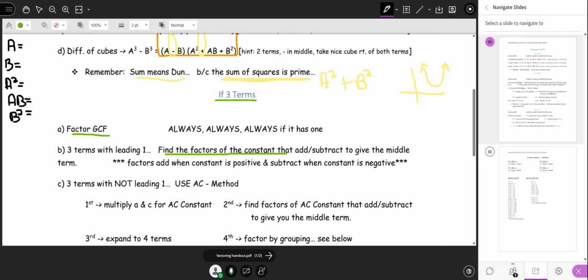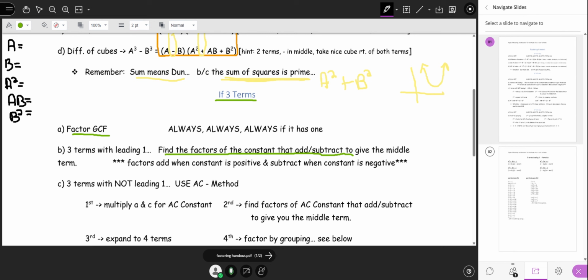Find the factors of the constant that add or subtract to give the middle term. Factors will add when the constant is positive and subtract when the constant is negative. Three terms with leading one is on the back, and I will show you this in a minute.